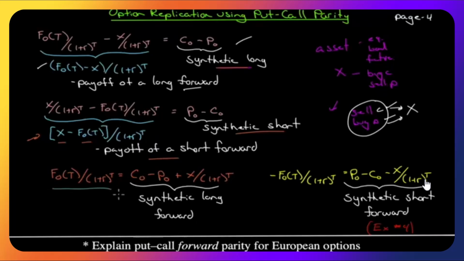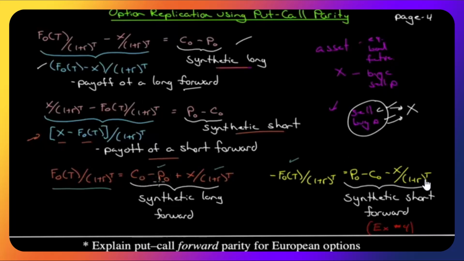Here is just the forward price on one side, and all we've done from forward put-call parity is move the put to the other side. Long call, short put. That is a synthetic long position, and this is a cash covered synthetic long position because you'll have the money at expiration to be able to buy the underlying. If you multiply this whole thing by -1, you will get negative the present value of the forward price.